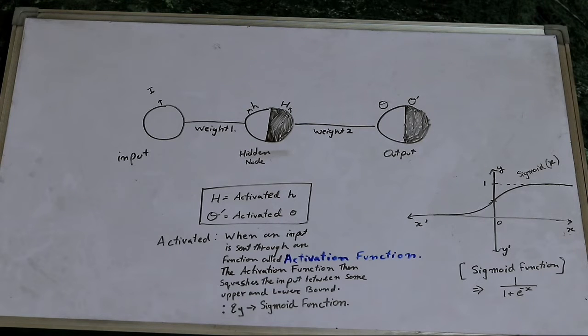A great example, which is used very often, is the sigmoid function, and over on that side you can see the graph. Any number you put in goes to 0 or 1 or in between. So that's the sigmoid function, and in the corner there is the function 1 over 1 plus e to the power of negative x. It's as simple as that.